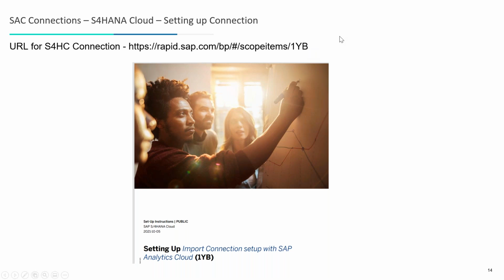And if you're not familiar with scope items, they're rapid deployment solutions that SAP puts out that take you through a pretty close to real life scenario of how to accomplish a specific piece of business functionality. What 1YB covers is basically connecting S/4HANA Cloud to your SAP Analytics Cloud and sending data to SAC.